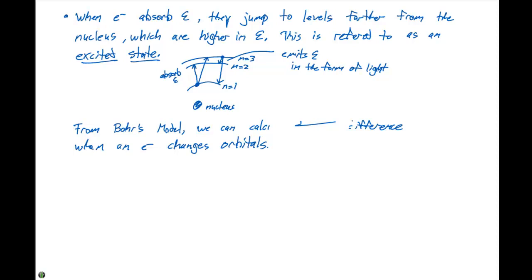So our change in energy, or our delta E, is going to be the final state minus the initial state, which is going to equal negative RH divided by nf, that quantity squared, minus negative RH divided by ni, that quantity squared.